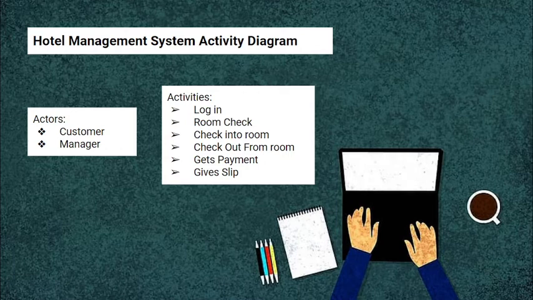First, the customer will log in, then check the room, then the customer will check available rooms, then the customer will check the room, which will be done by the manager.